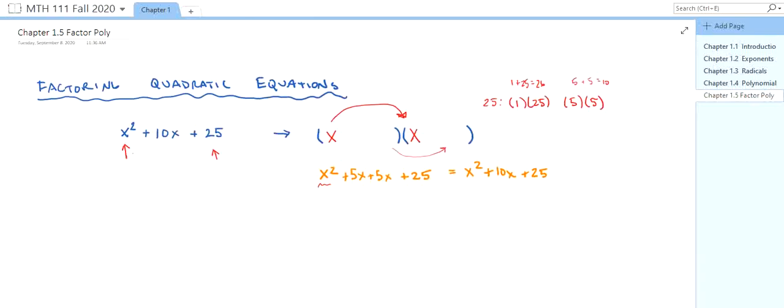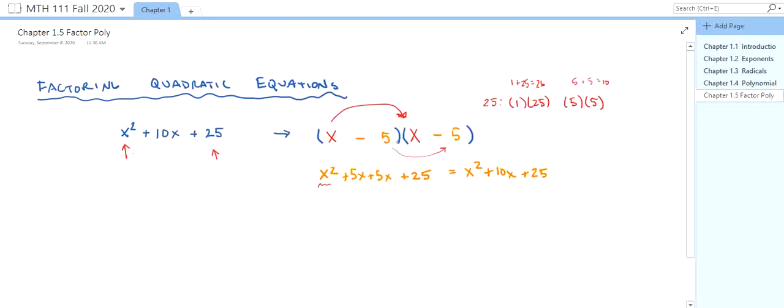So we decide to choose the factors 5 and 5 for 25, because we see that 5 plus 5 equals 10. Now, we have to decide on a sign. If we make this negative, then negative 5 times negative 5 equals positive 25. X times x equals x squared, so the first and the last term are the same.